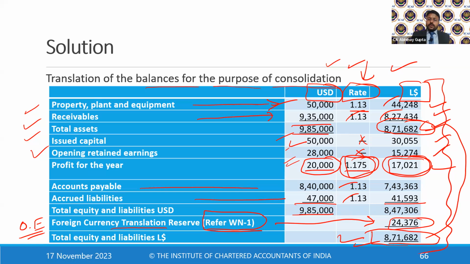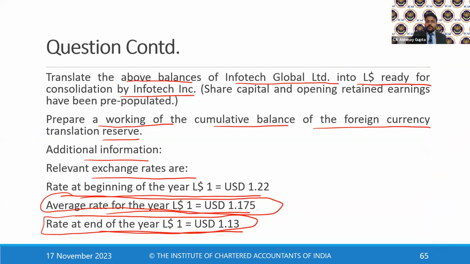Now, the doubt or the question you should be asking is why property, plant and equipment, being a non-monetary item, is converted. We have discussed that non-monetary items are translated, and the foreign exchange gain or loss will go to the P&L or the OCI, where the fair value gain or loss goes.